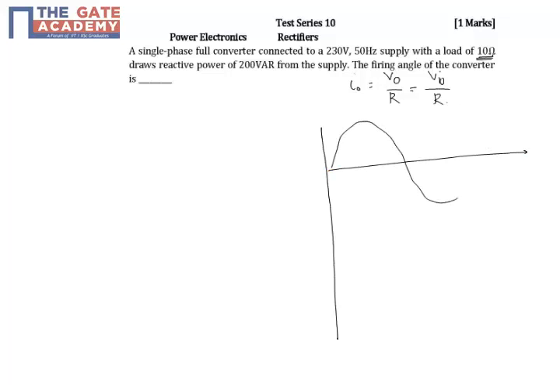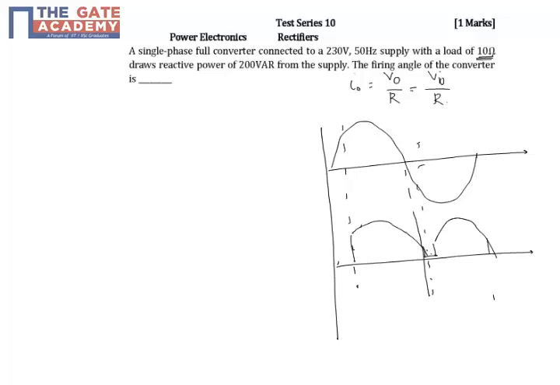So this is a supply voltage, and if I fire at an angle of alpha, somewhere here, and I have to fire at pi plus alpha also. So the output voltage expression will look like this.